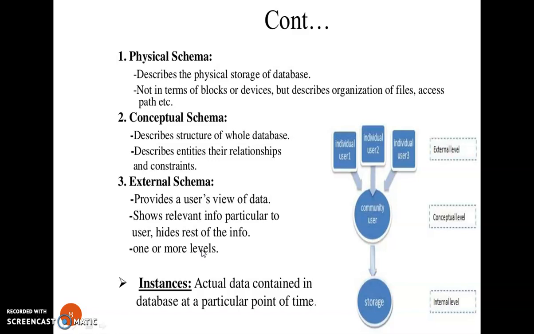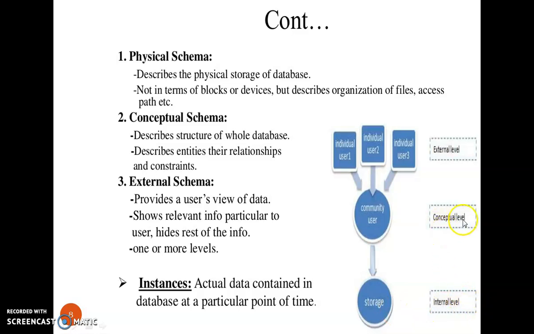So, three levels of schema. Physical schema describes the physical storage of the database. Here the three levels are mentioned in the picture. In the internal level, all the storage kinds of work are maintained.